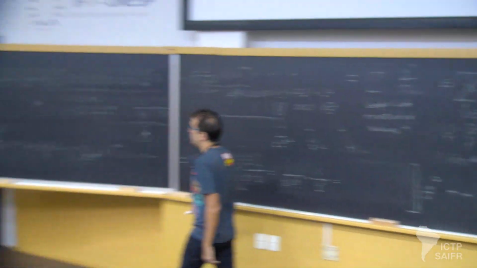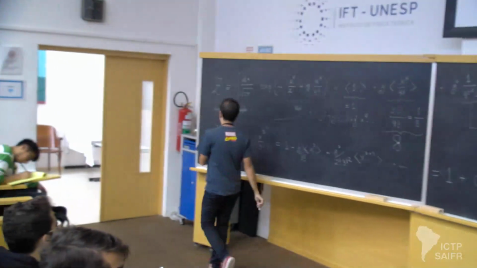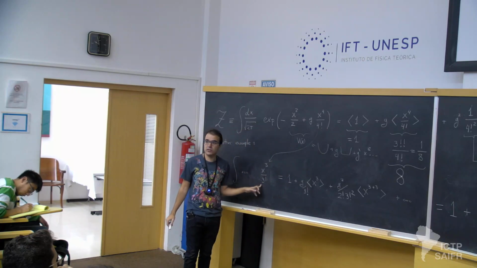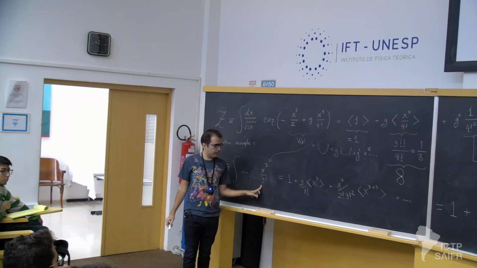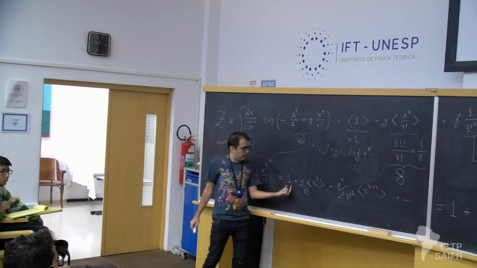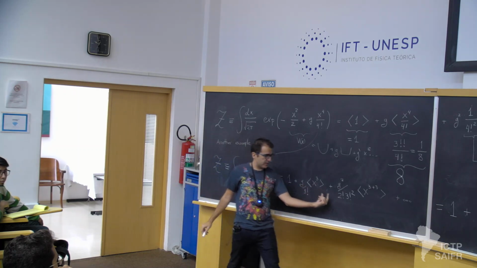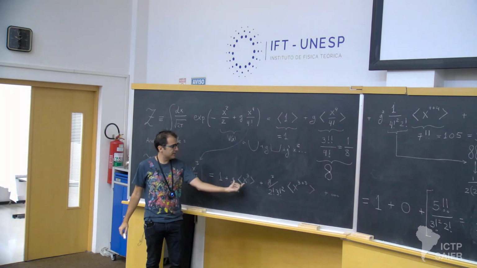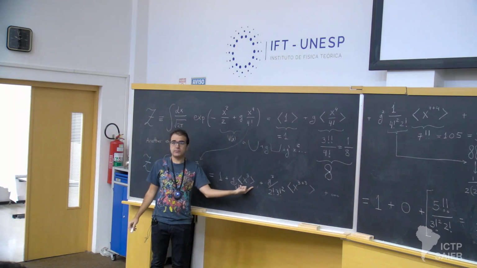Okay, let's see another example. Suppose I replace the x to the 4 over 4 factorial by x cubed over 3 factorial. Just so that we see another example. Well, we expand, we get 1 plus x cubed squared plus dot, dot, dot. What is the average of x cubed? 0.